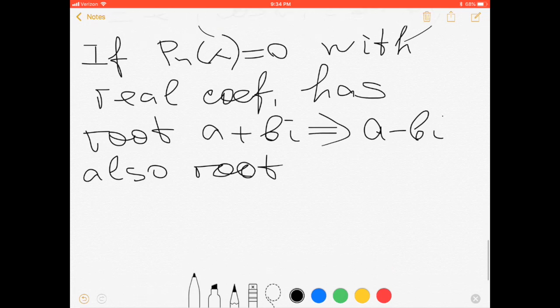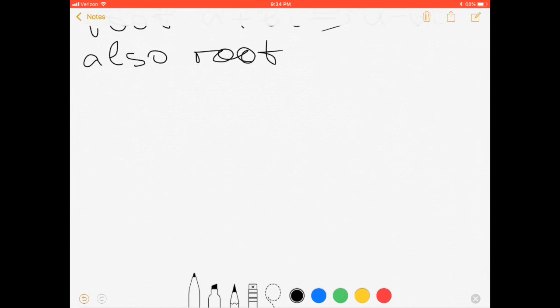Use this fact, we can write this kind of theorem.